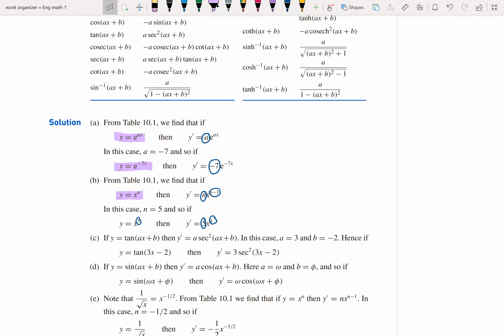For this one, this is the formula, so identify the A and the B. A is 3, B is 2. We bring A to the front, and it becomes secant squared of 3x, with A here and B here.